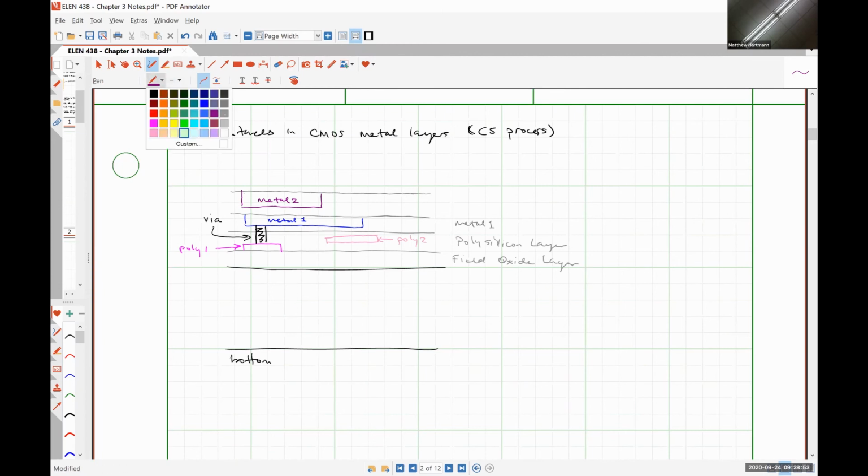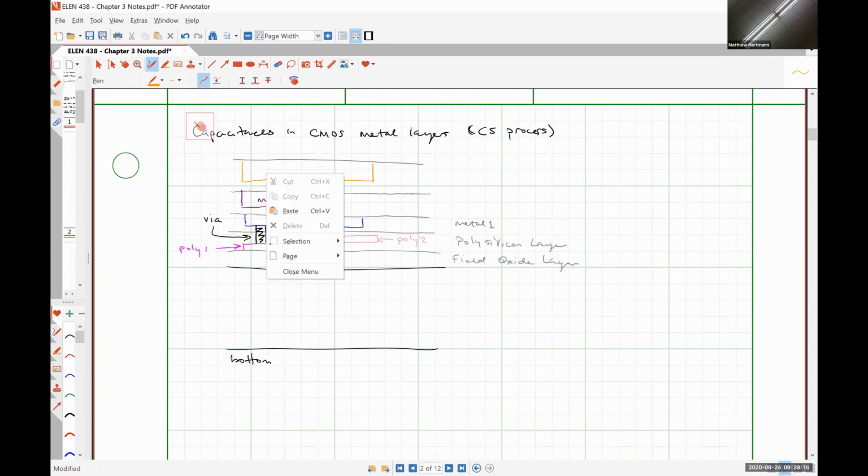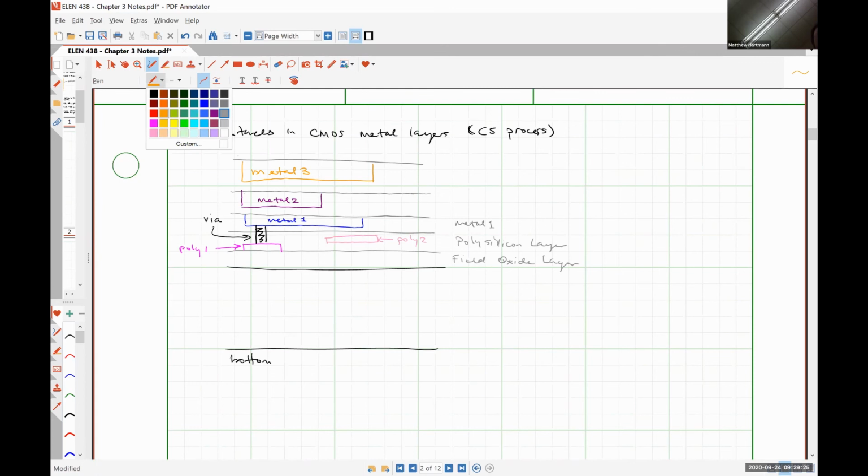And then a real thick layer, which actually looks the same as the thickness of metal 2. So let's make it even bigger. That would be our metal 3 layer, like so. And then finally, we have our passivation layer, like so.